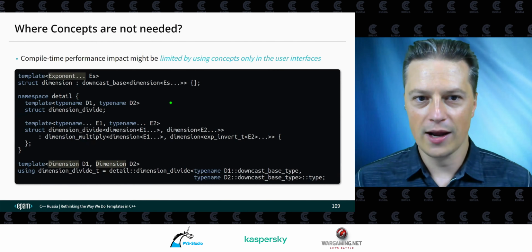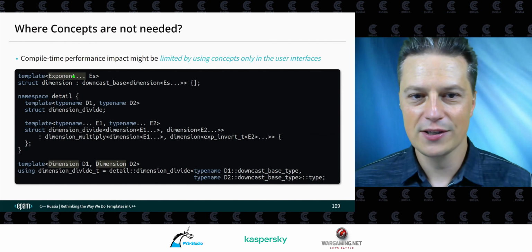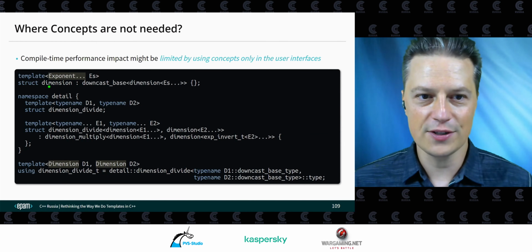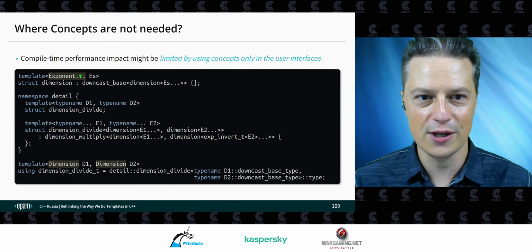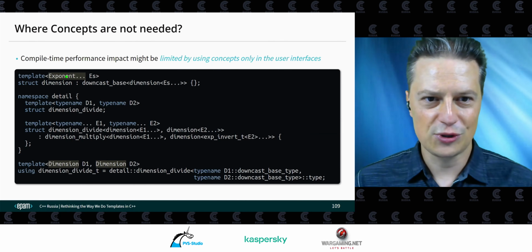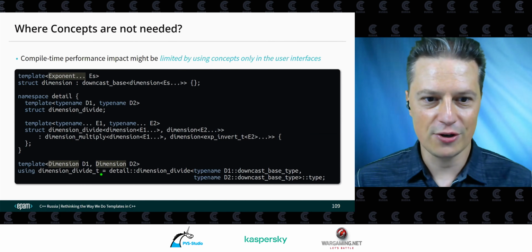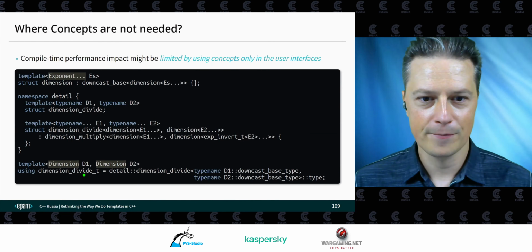The last thing to tell you about the performance: use concepts in the interface that the user sees, right? So this is the exponents used in the dimension. The user may provide the wrong type here, and here should be a check. Also here, in some alias.